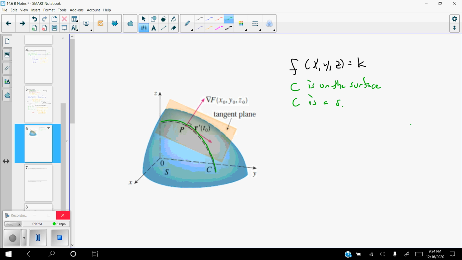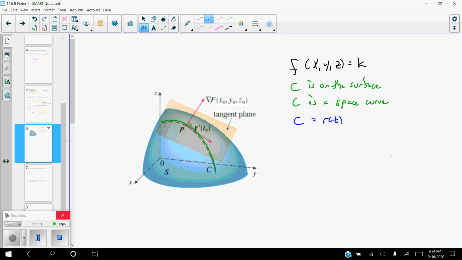a space curve, meaning that it can be defined as a bunch of vectors, x of t, y of t, z of t. So we can call C r of t.